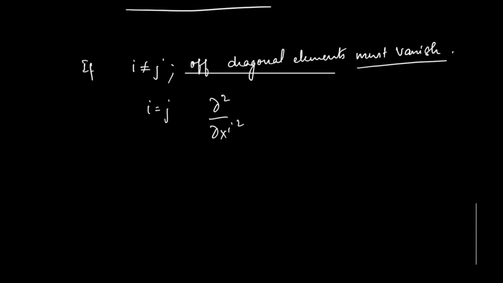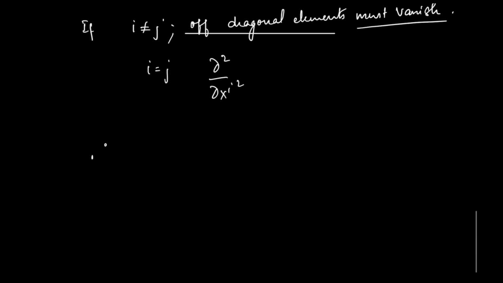So this is required. Therefore, I can write the first condition: alpha i alpha j plus alpha j alpha i must be 0.